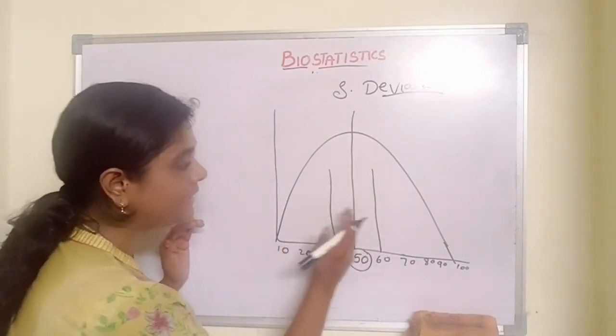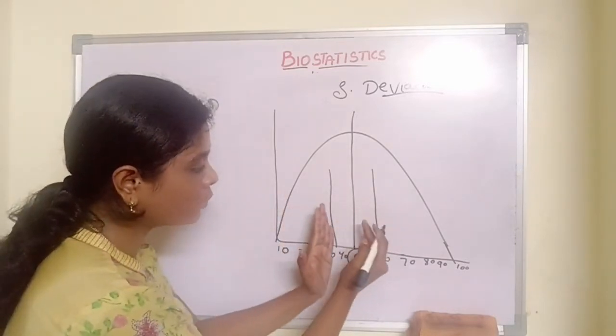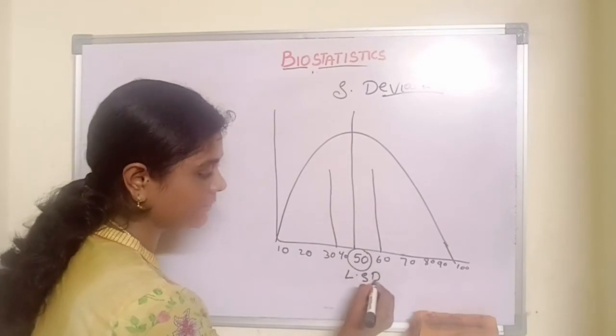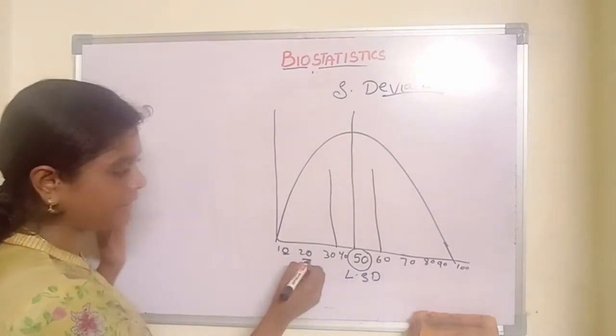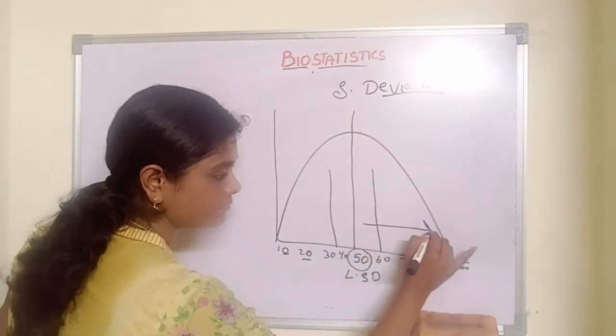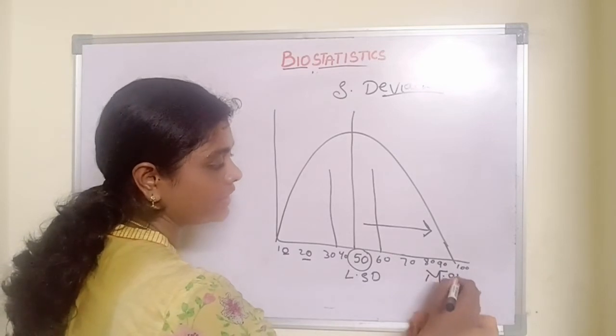If the deviation of the sample data is closer to the center, it is a lesser standard deviation. If the set of data is growing more away from the center, it is a more standard deviation.